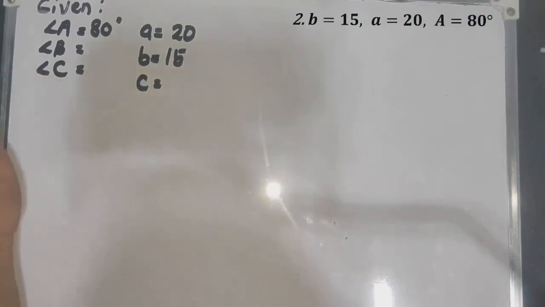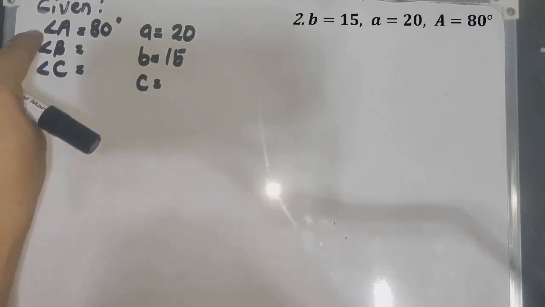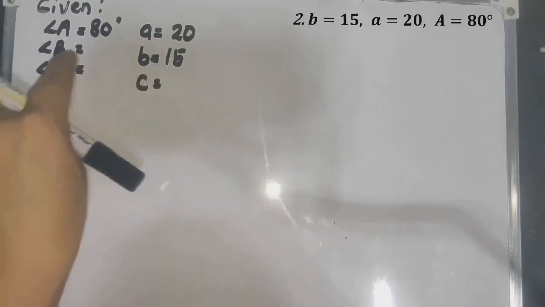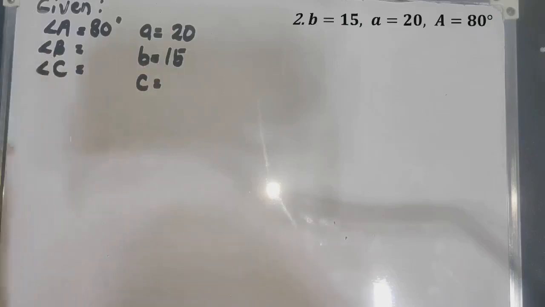So, dito makikita natin kung ano yung kumpleto. Merong value ang angle at merong value ang side, which is A. So, yung meron lang isa ang value is B. So, yun yung ating unang isosolve. So, solution natin.